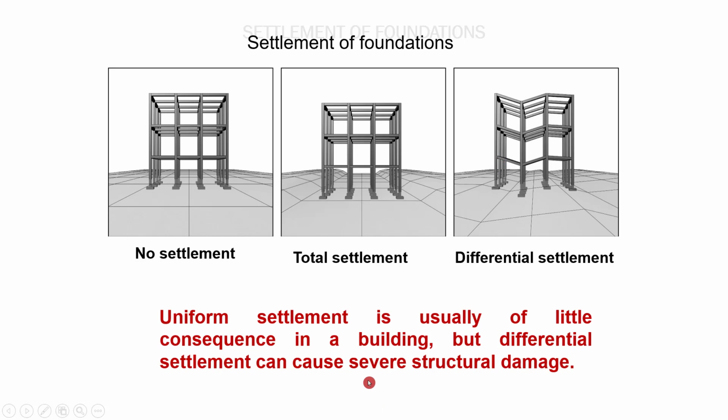So the uniform settlement is usually of little consequence in a building because this is uniform, and there won't be any stresses inside the building. But differential settlement can cause severe structural damage due to the said reason.